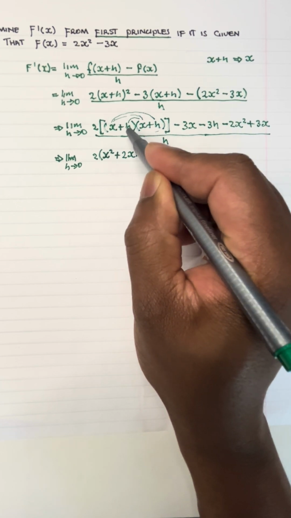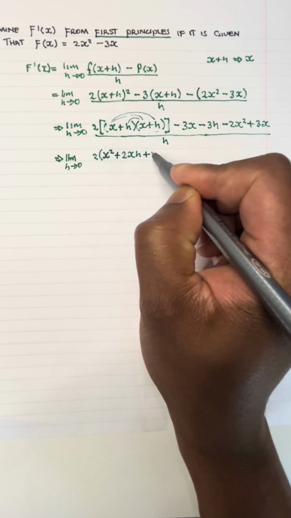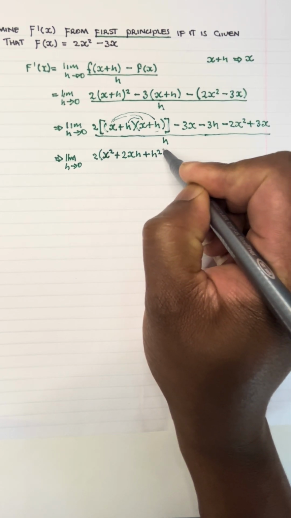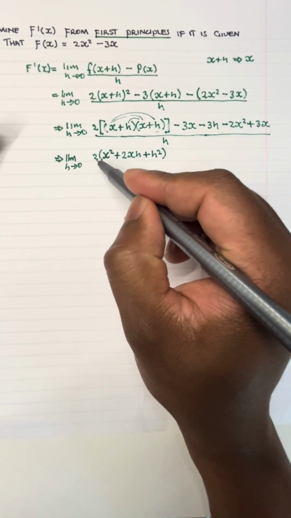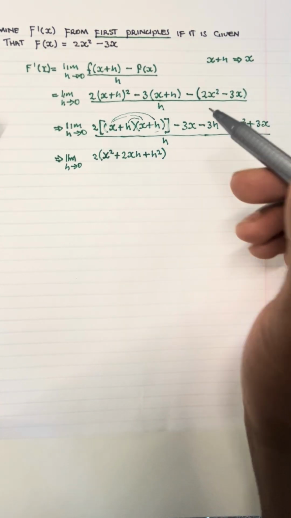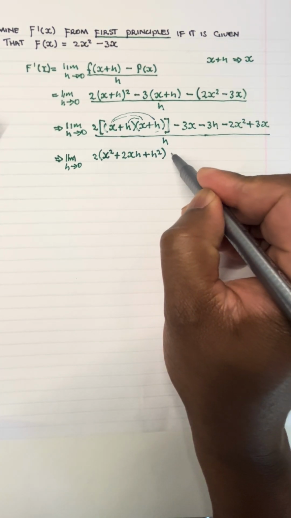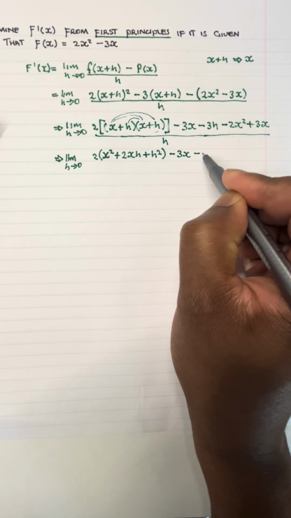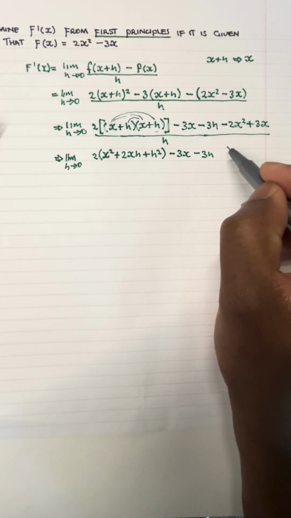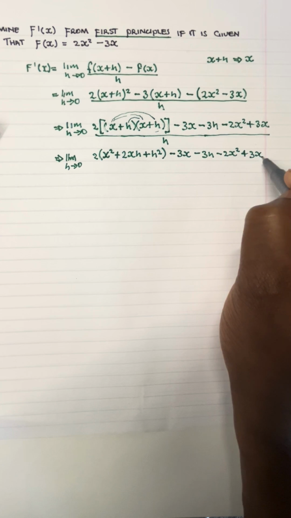But h times h would be h squared. We took care of business here, but mind you, we still have to multiply it by 2. Negative 3x, negative 3h, negative 2x squared plus 3x.